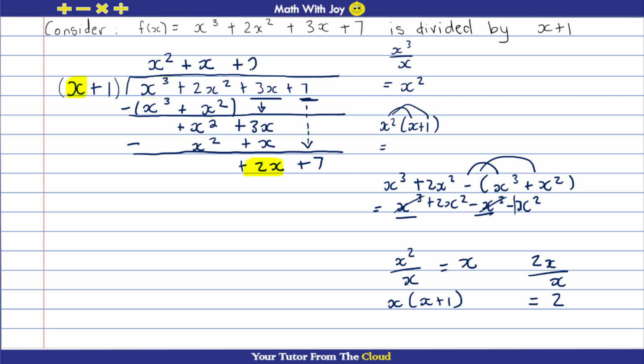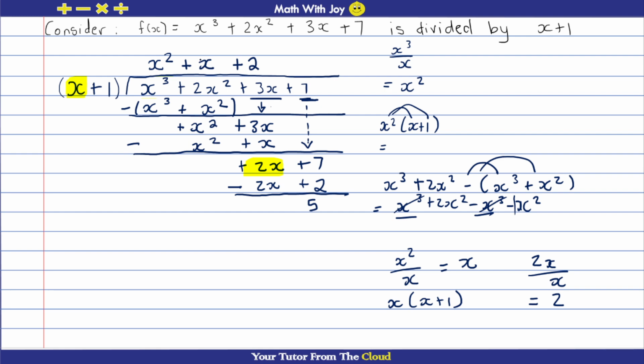So positive 2 is what we get. Then you take 2 and multiply it with the x, you get 2x. 2 times 1 gives us a positive 2, and then we subtract. 2x minus 2x gives us 0. 7 minus 2 gives us positive 5.